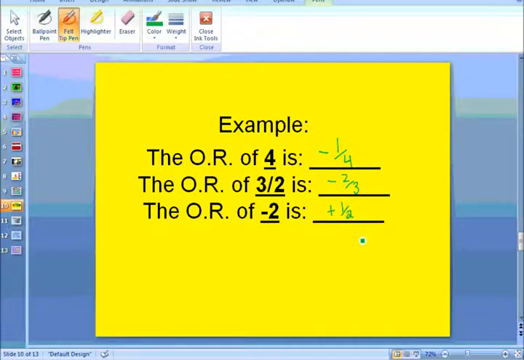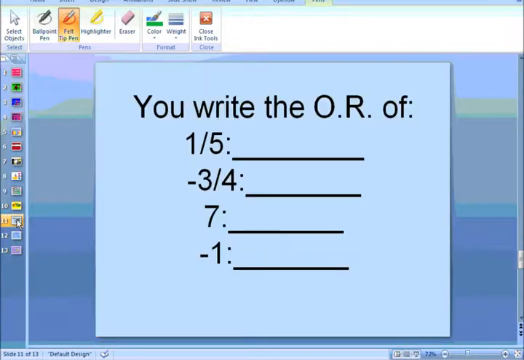So if you're looking at two equations, the slope is 4 for one equation, the other slope is negative 1/4 for the other equation, that's going to prove that the two lines are perpendicular to each other. Okay, so write the opposite reciprocal of these numbers. Hit pause, write them down on your page, and then I'm going to go over them.